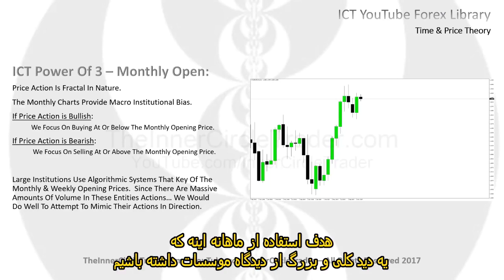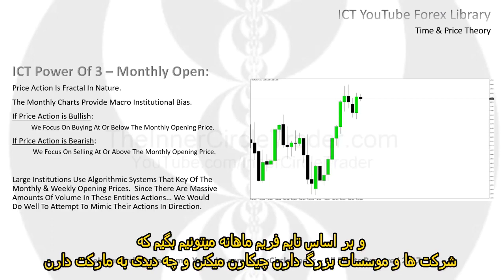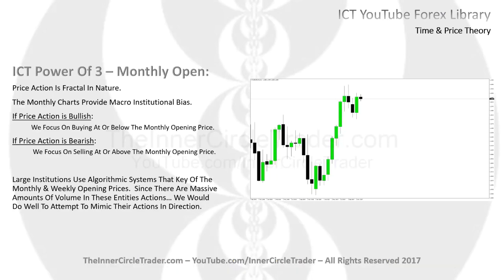Which brings me to the purpose of using a monthly chart: it provides a macro institutional bias. So we can see what large institutions are doing or what their sentiment is based on what these higher time frame monthly charts are revealing in price action.